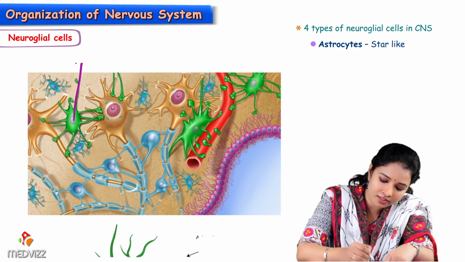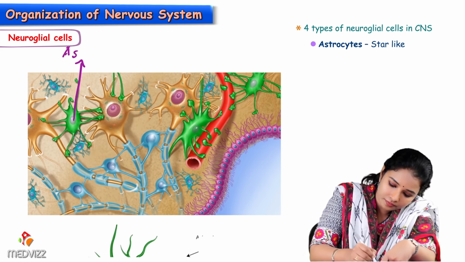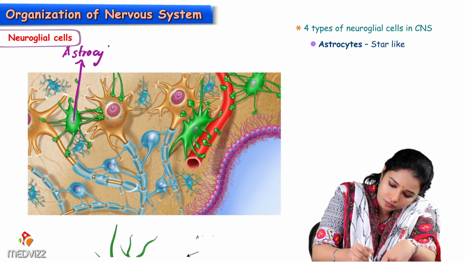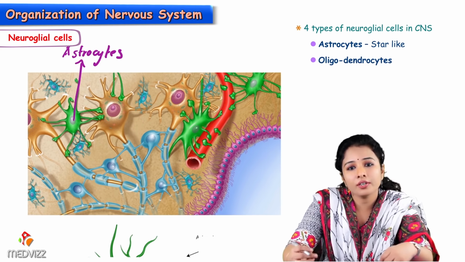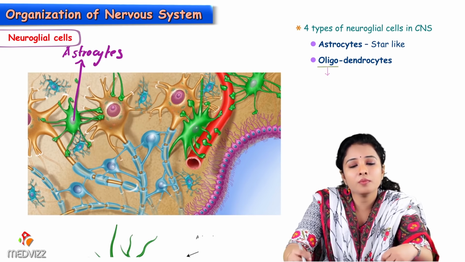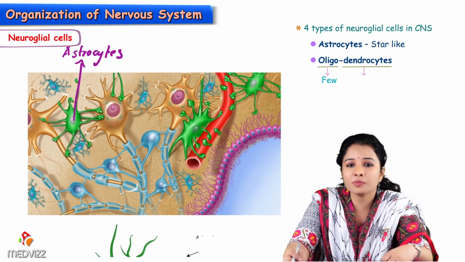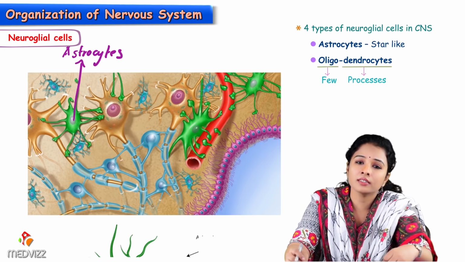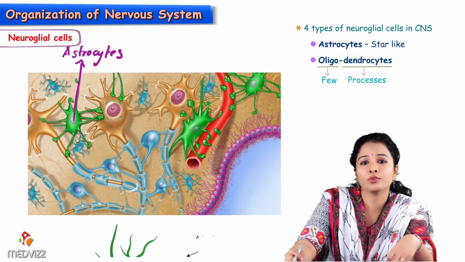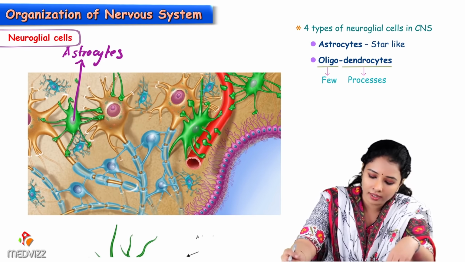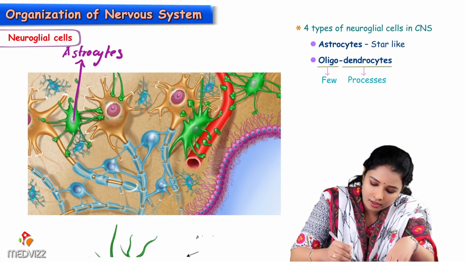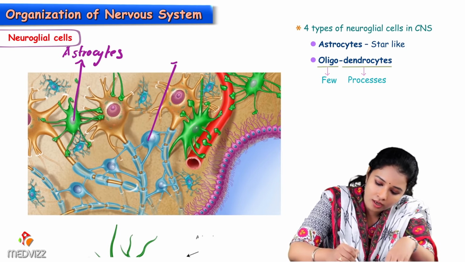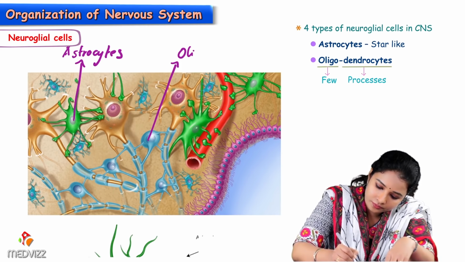The 4 types of neuroglial cells are astrocytes, which are star-like, which is the reason they are called astrocytes. These green colored ones are astrocytes. Then oligodendrocytes: oligo means few, dendrocytes means processes. So these neuroglial cells have a small number of processes. The blue ones are oligodendrocytes.